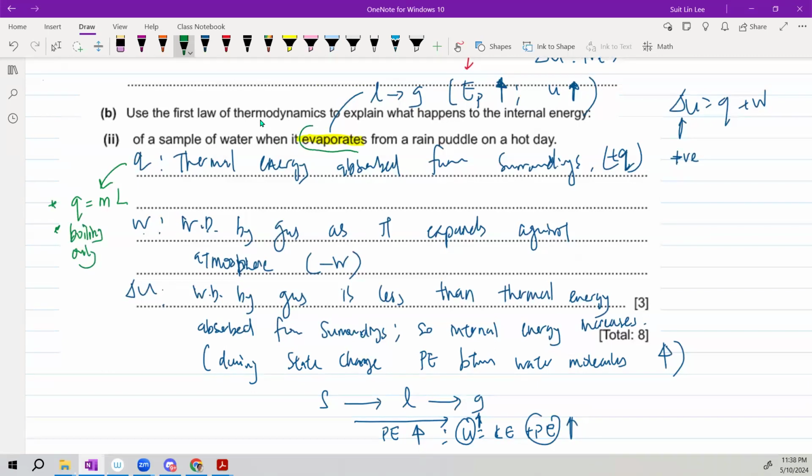This is not boiling, it's evaporation. So don't use it, because you can only use latent heat if the state change is at constant temperature. So no, this internal energy is not equal to ml.